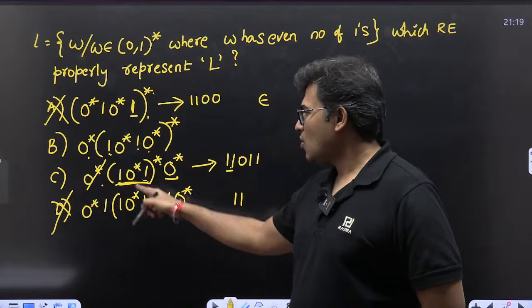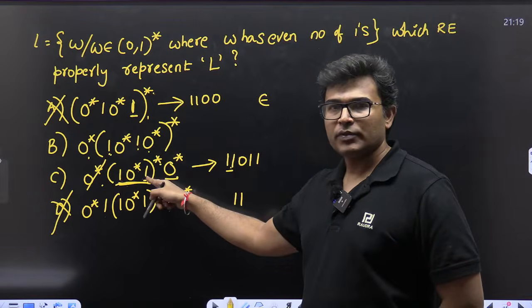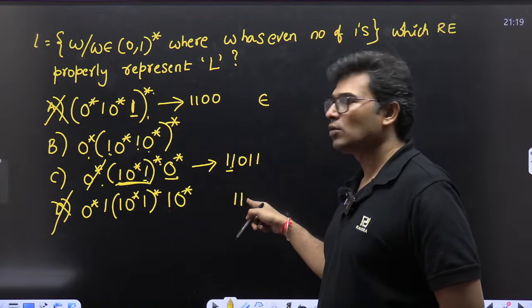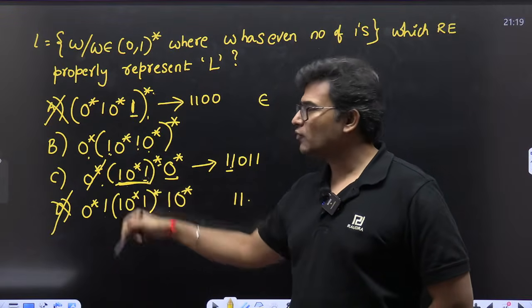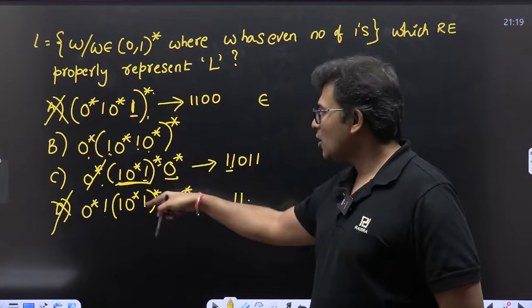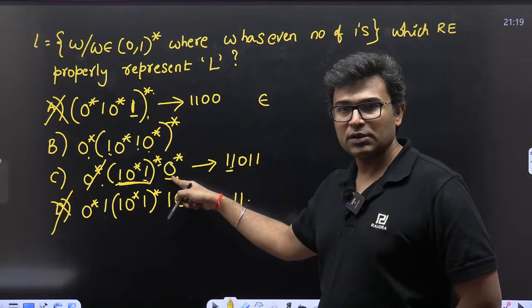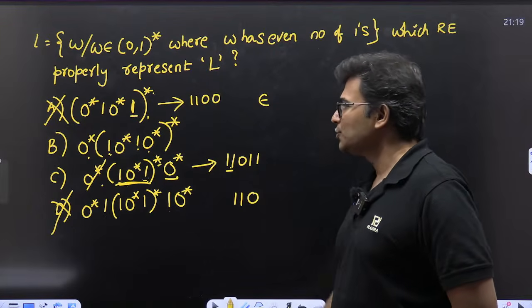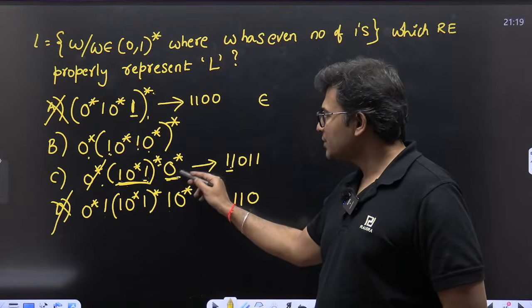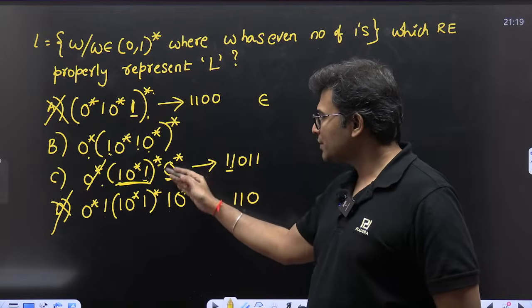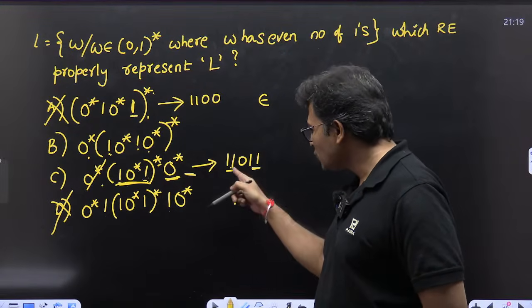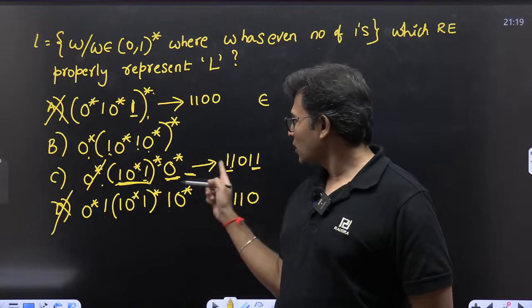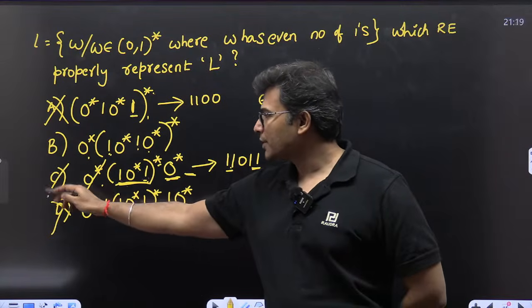Now after 1, 1, if I have to get a 0, you cannot put a 2 here because that will start with 1. Now the only option is I have to take this. Now if I take this, I'll get a 0. But after this, I cannot generate 1, 1 because I don't have an option of generating 1, 1 after it. So 1, 1, 0, 1, 1 is not generated by this.